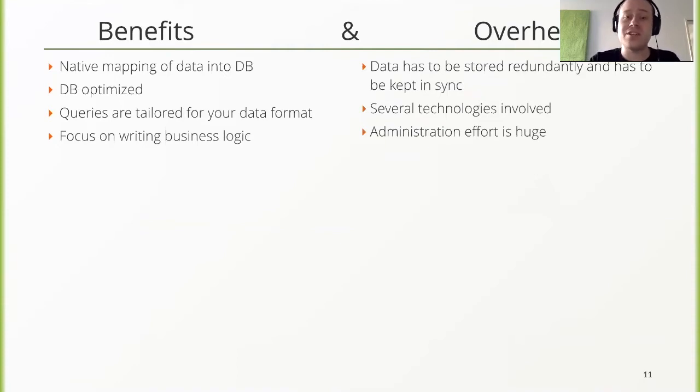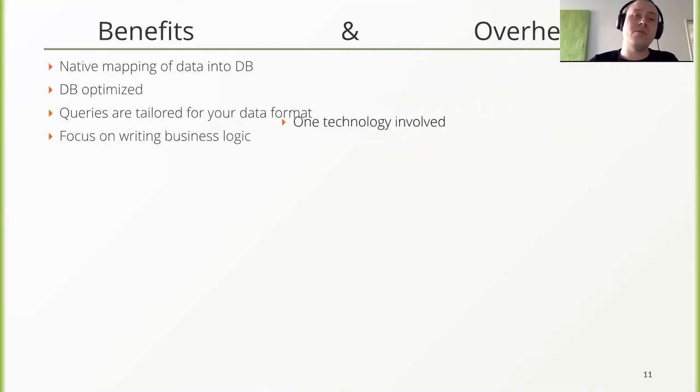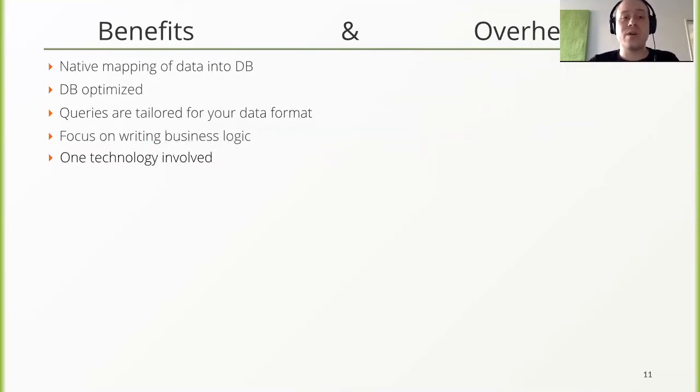Actually not, because we can just store it in the same instance, and then syncing is not needed because we use the same physical data. Several technologies involved, also not true anymore. We just need 1 multi-model database. And therefore the administration is really, really simple in comparison to having a lot of different technologies aboard. So we can actually change this slide to having another benefit. We just have 1 technology involved in our complete stack, which is nice.